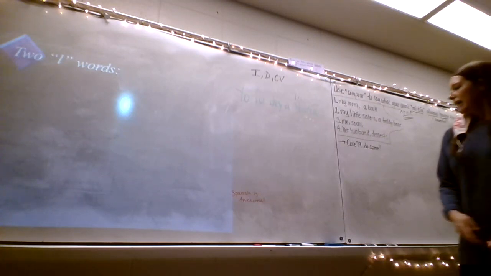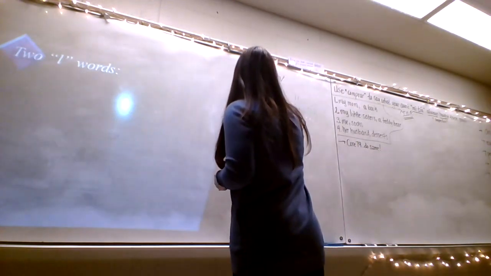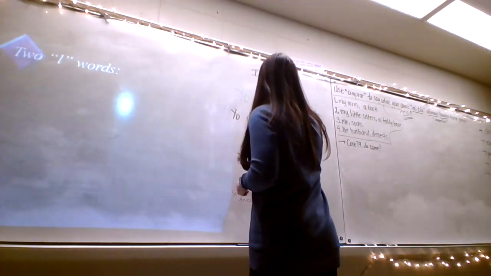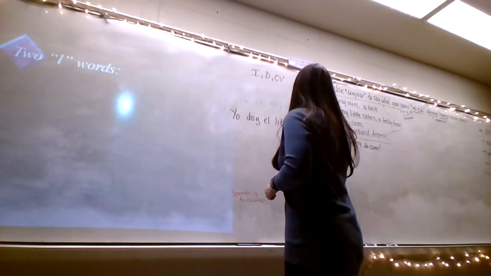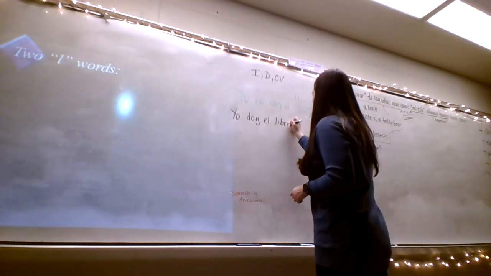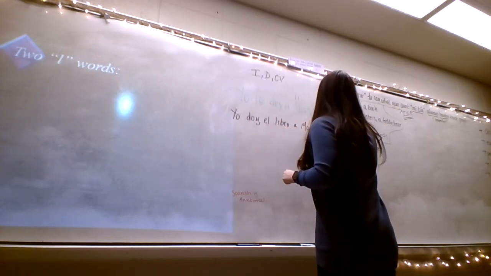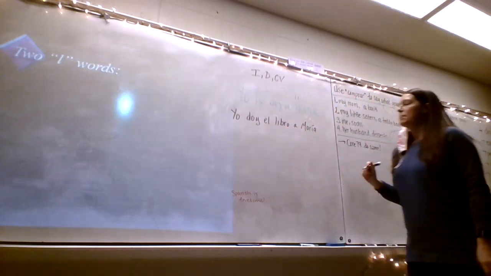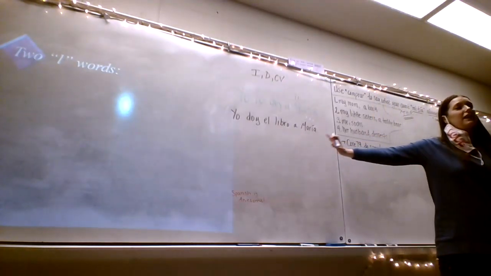Okay. If we are writing, let me do this again. Yo doy, I give. El libro. A Maria. And this will be the end of the notes, and then we'll just practice and make sure you guys are good to go tomorrow. Okay. Tell me again which one's the direct object. We'll just label. Write the sentence, and then we'll label it.